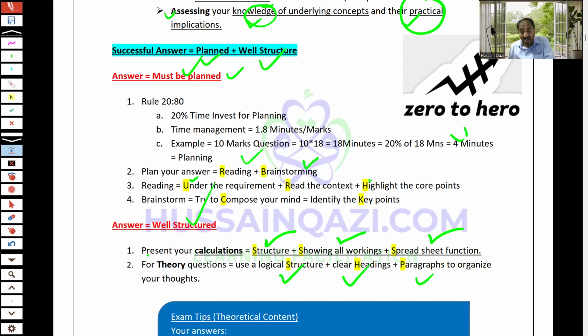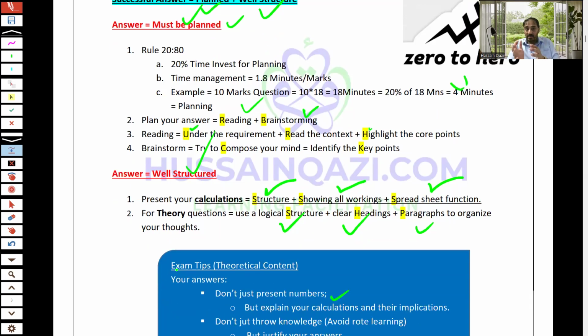Number 2, with exam conditions. Number 3, your answer must reflect a planned and well-structured answer according to calculation or theory. Plan means the 20-80 rule, which includes reading and brainstorming.